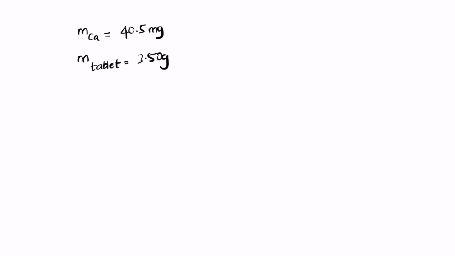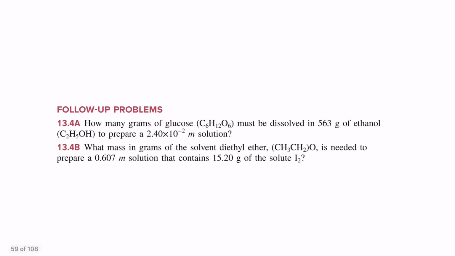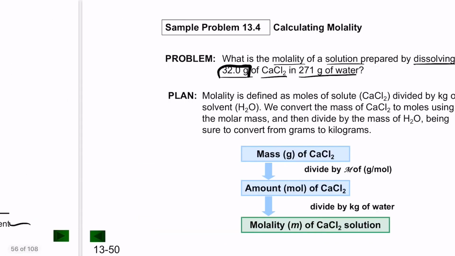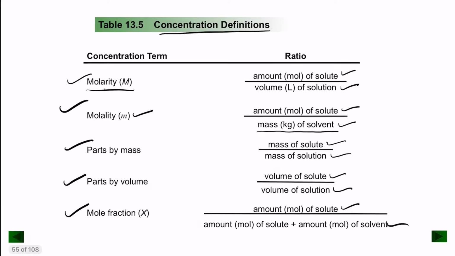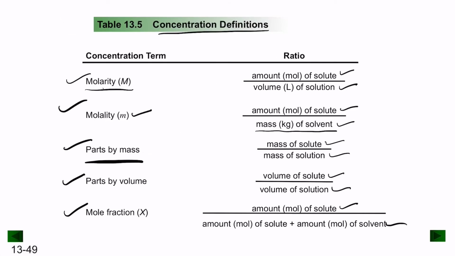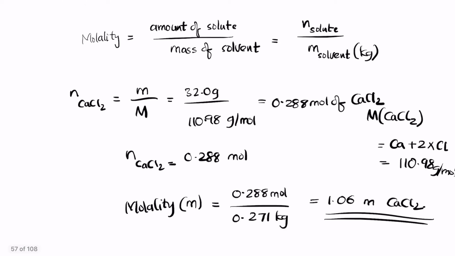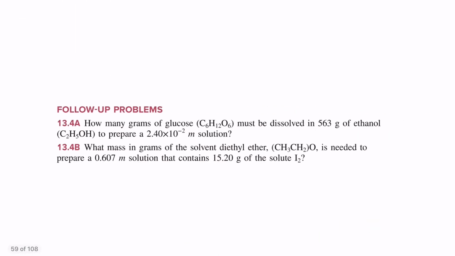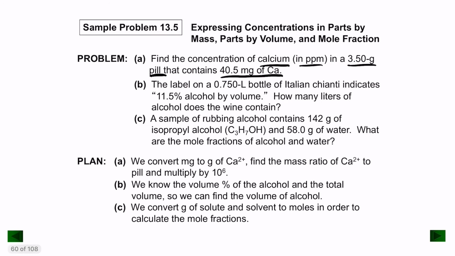Now, how would you calculate ppm? Find the definition here. ppm is parts per million, parts by mass. That is mass of the solute by mass of the solution.